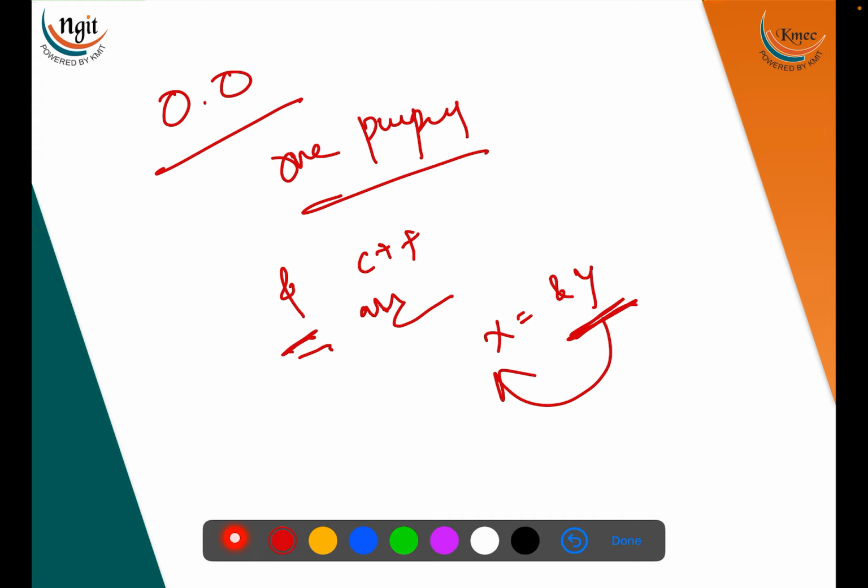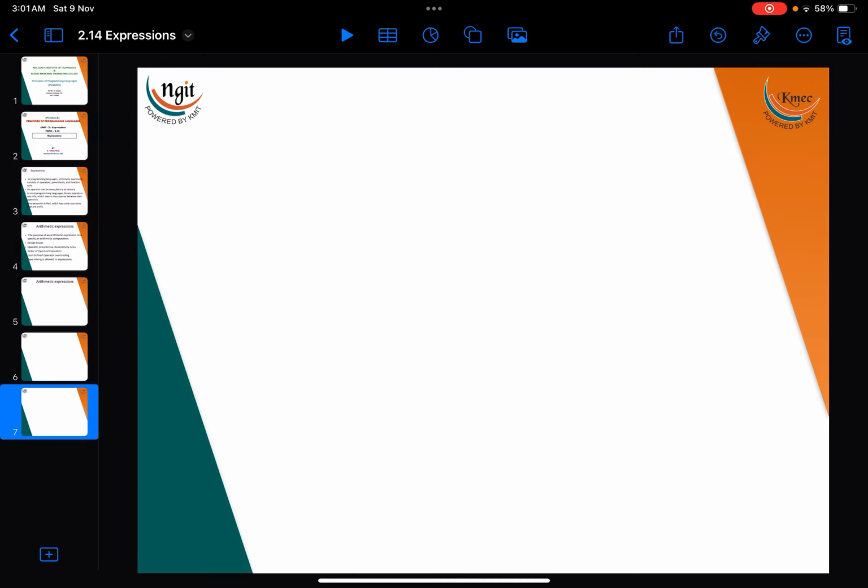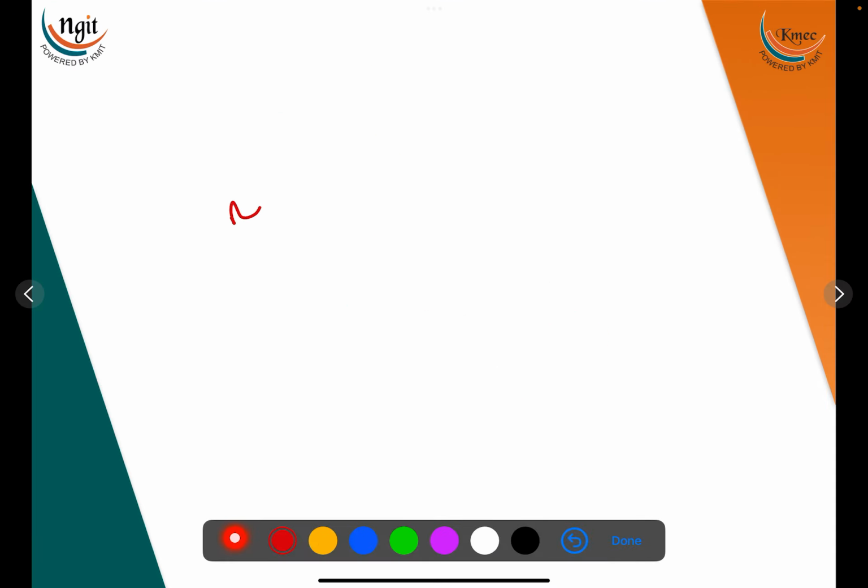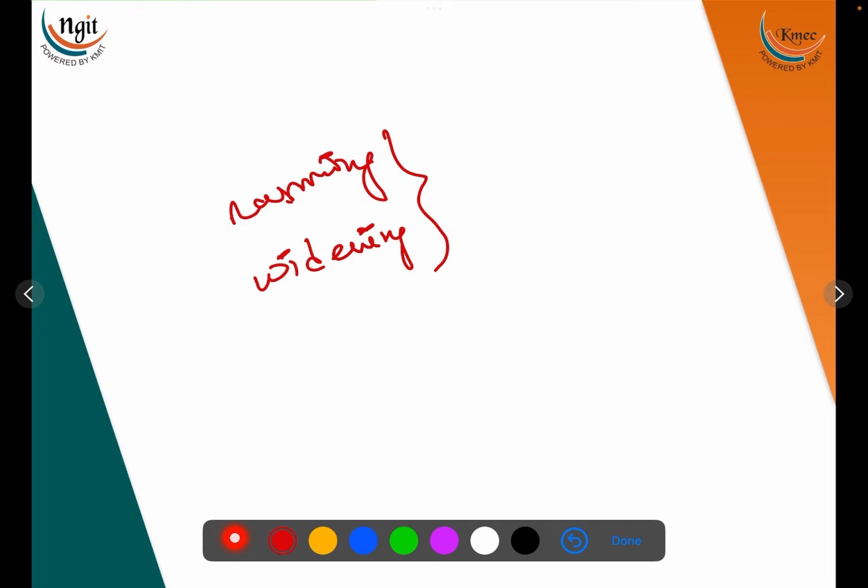And we'll also see about type conversion, the last design issue. Type conversions can be of narrowing or widening, and this is also an expected question from the second unit.